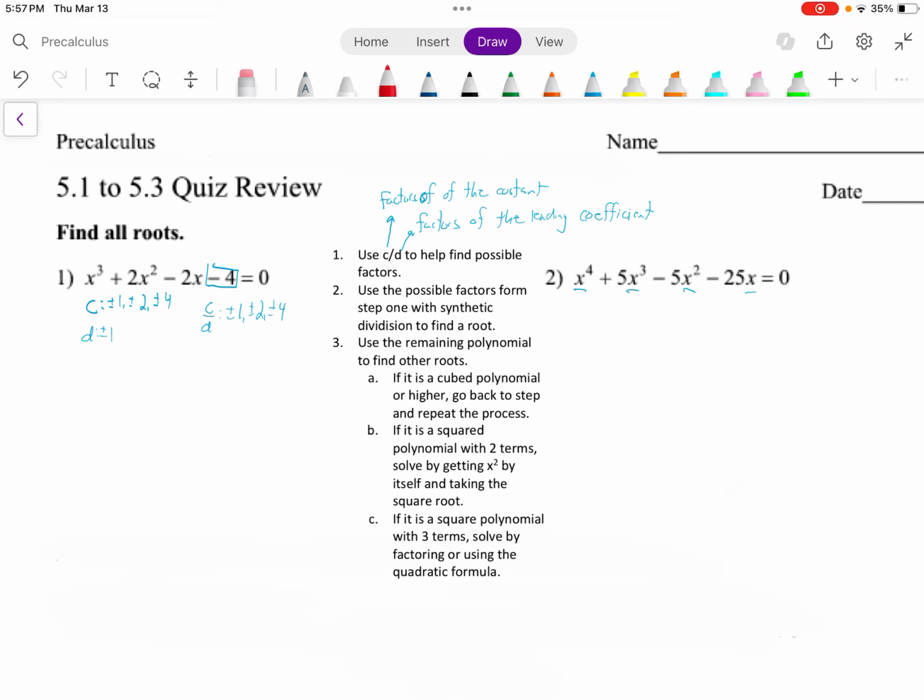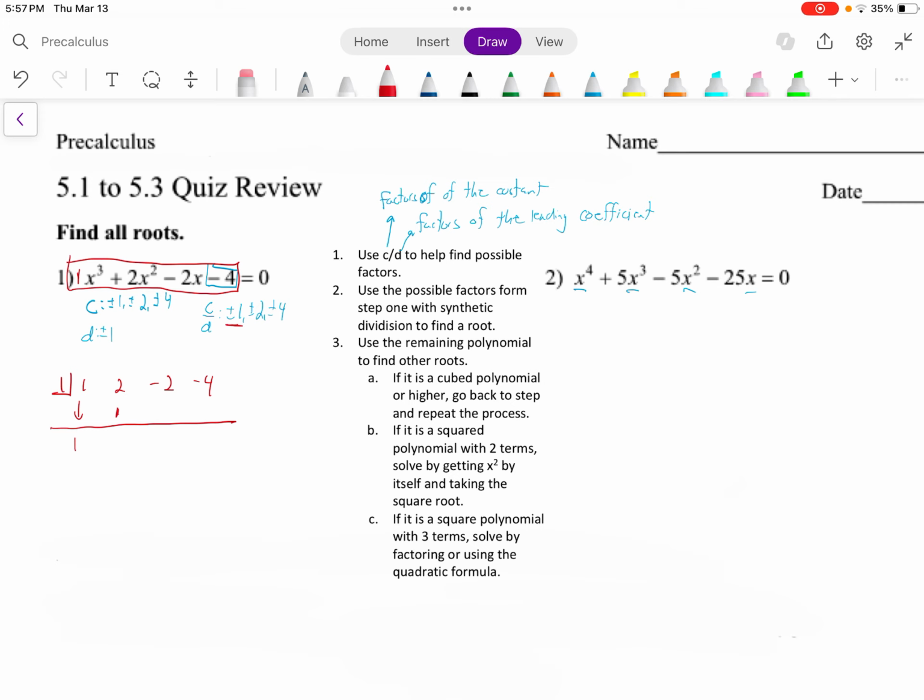I usually just start with 1. 1 is a possibility. So synthetic division, we list the coefficients from here. So the coefficients are 1, 2, -2, and -4. And then we bring down 1. And then we multiply. 1 times 1 is 1.